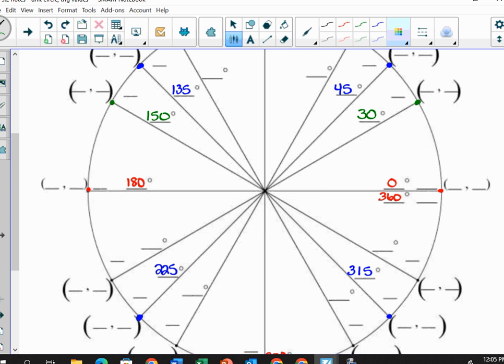You see it? All right, third quadrant. What's that one going to be? That is 210. The fourth quadrant. 330. Okay.